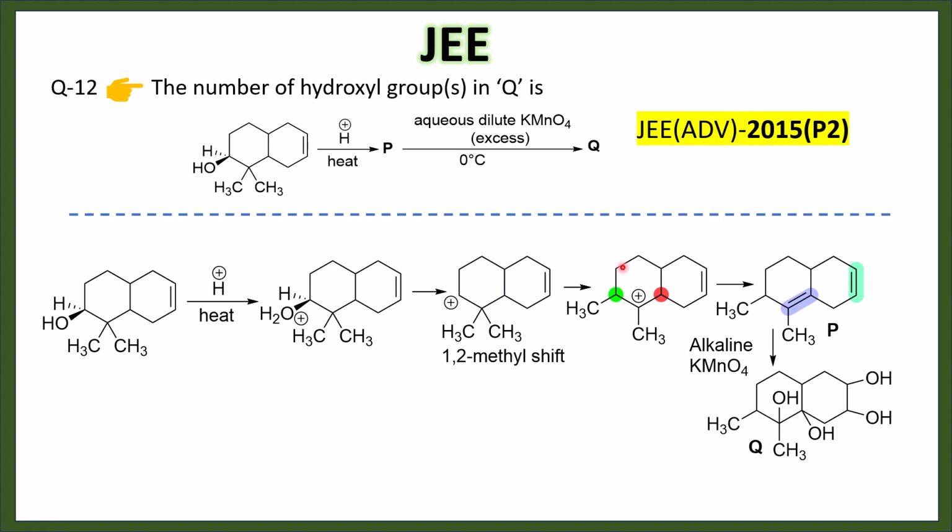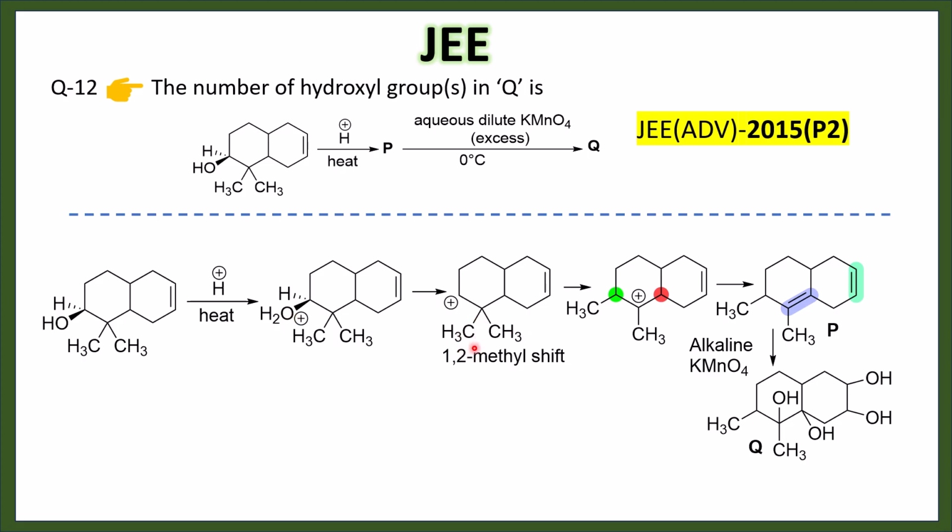Now question number 12: the number of hydroxyl groups in Q. So you have to find it. Let's do the reaction. Protonation happens first, giving this hydronium ion, and then water leaves, giving the carbocation.